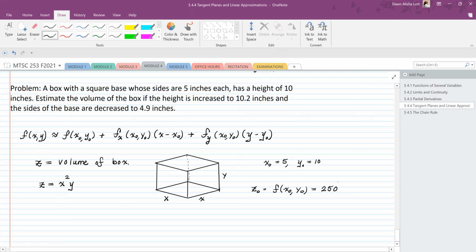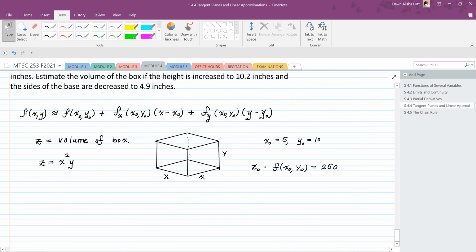Now they want me to estimate the volume of the box. That means they do not want me to put in 5.1 squared and multiply it by 4.9. That's what they don't want.